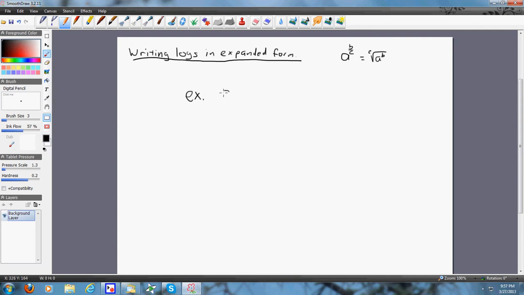For example, let's say 81 to the 3/4 is equal to the fourth root of 81 cubed. Now the fourth root of 81 is 3, and 3 cubed is 27.